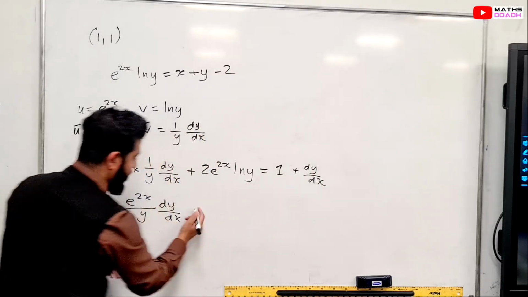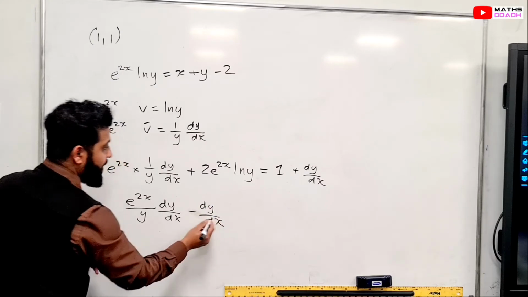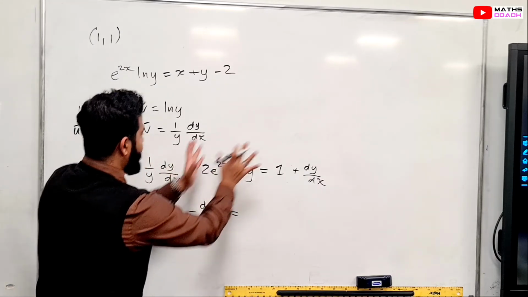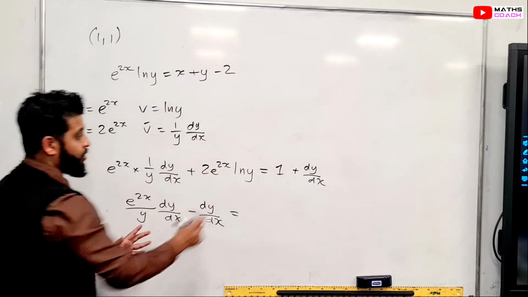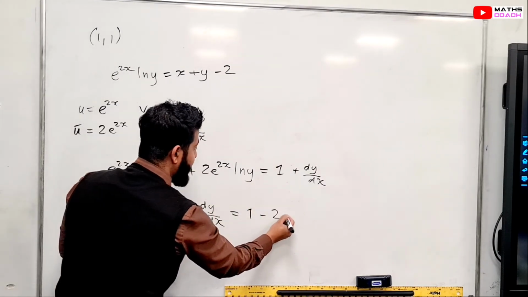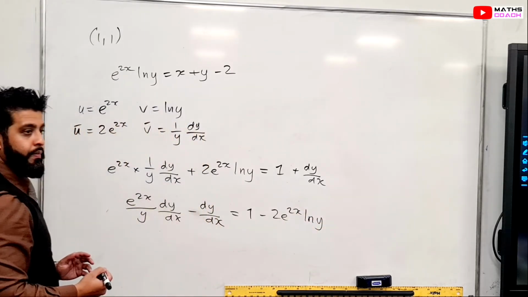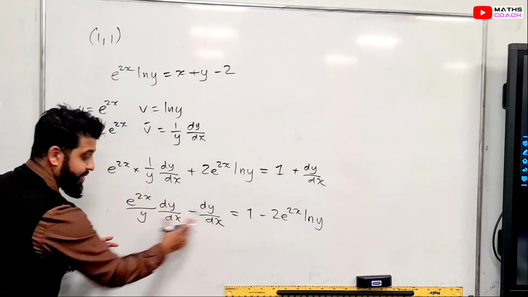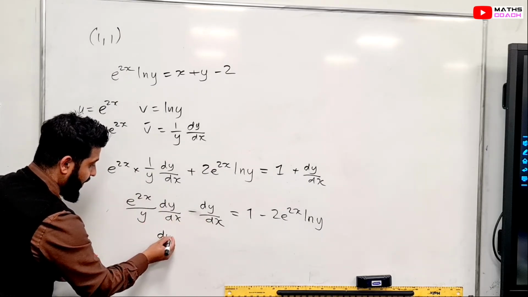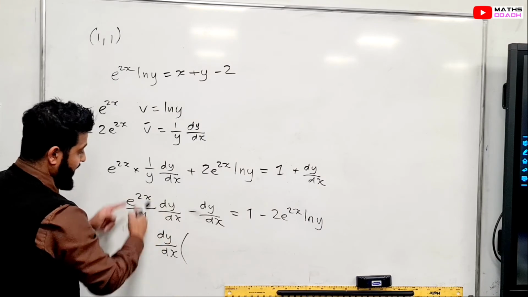And what we'll do as well as simplifying is let's bring that dy over dx to this side as well. So here, it will be what? Minus dy over dx. And let's bring everything else over to the other side. So 1 is already there. So it's going to be 1 minus 2e to the 2x ln y. Okay? Then we factorize out the dy over dx. So dy over dx, bracket opens. So we want to expand to give us this.